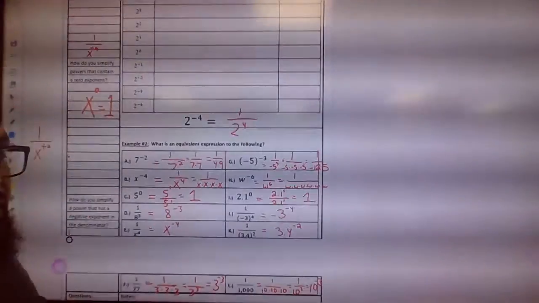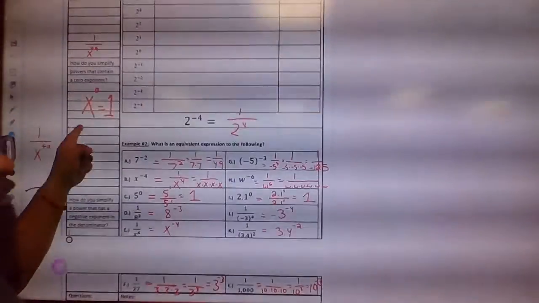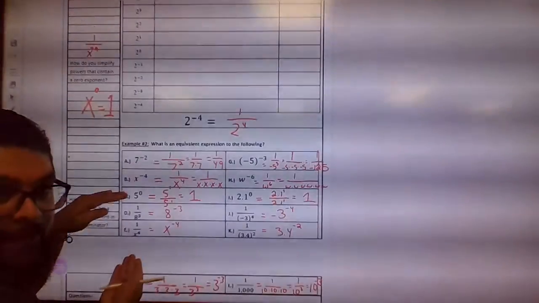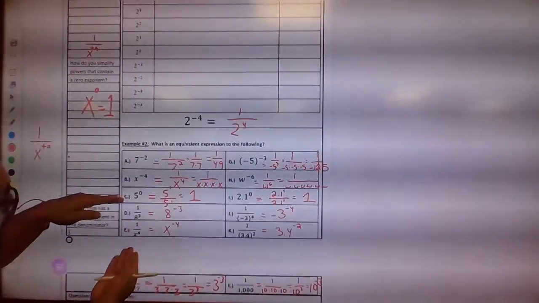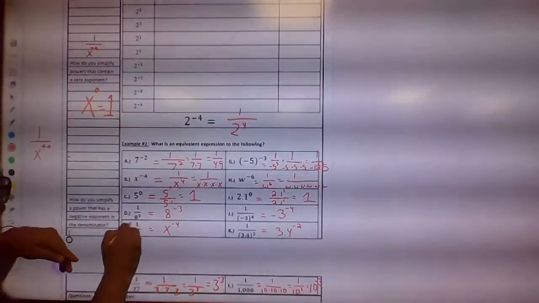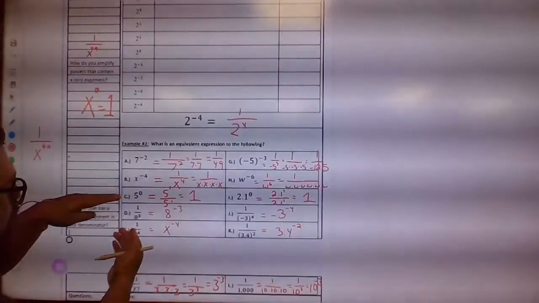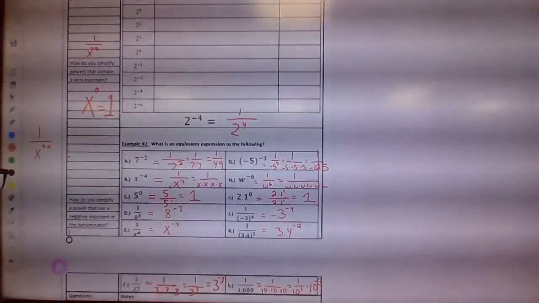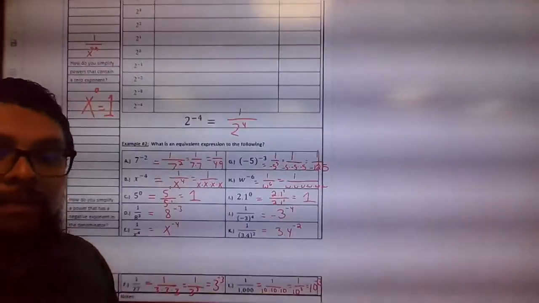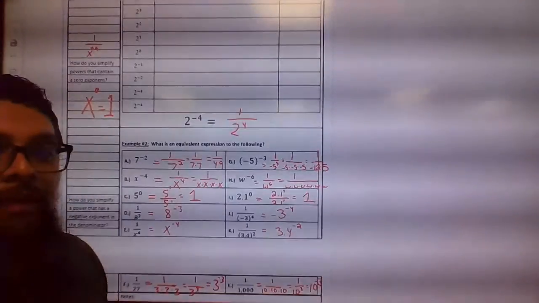And anytime you have to the power of 0, your answer is 1. And then when they give it to you like this, or it's already as a fraction, okay, and you have a positive exponent on the bottom, you just go ahead and convert it back. It's easy. Okay? You'll get 4 more problems at the end of the slide so that you can practice more of these. Okay? All right, guys.